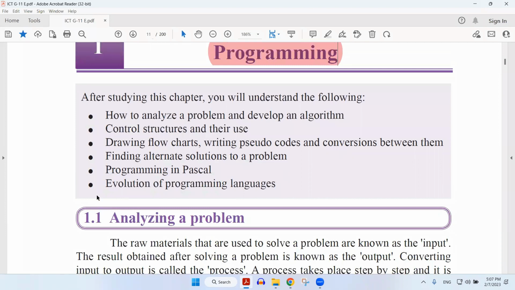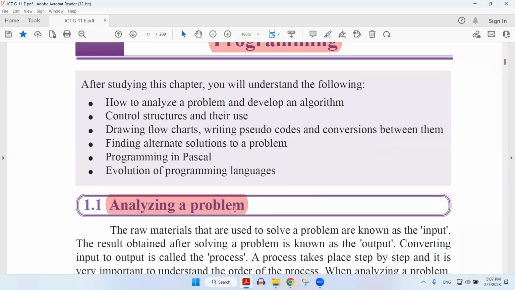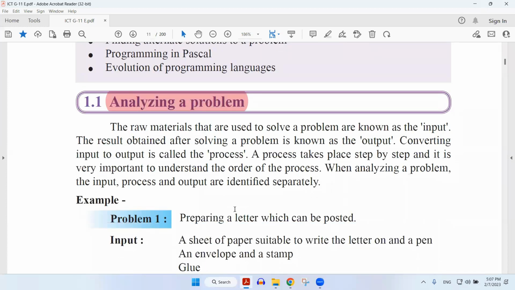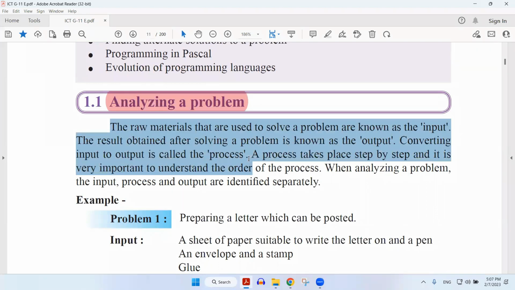Right, so let's have the subheading called analyzing the problem. And let's write about this sentence.